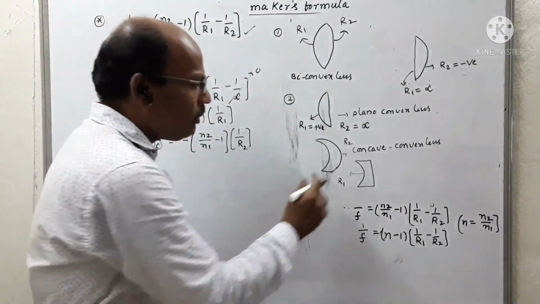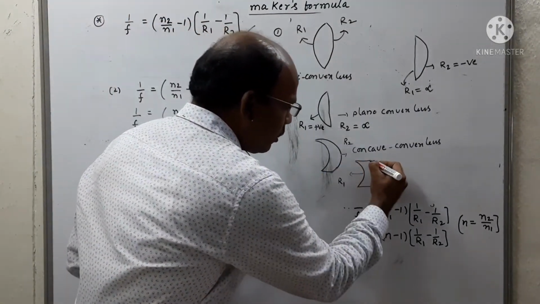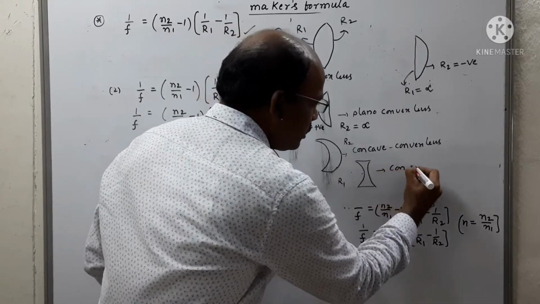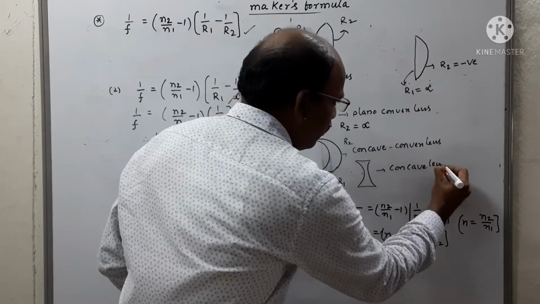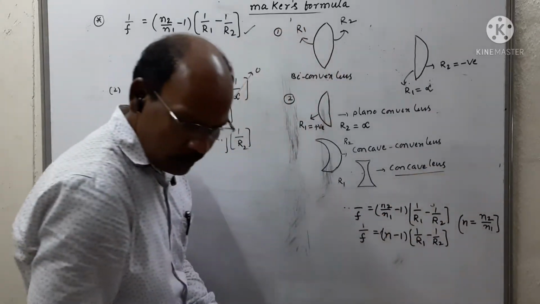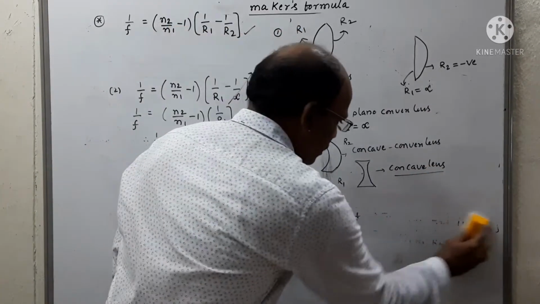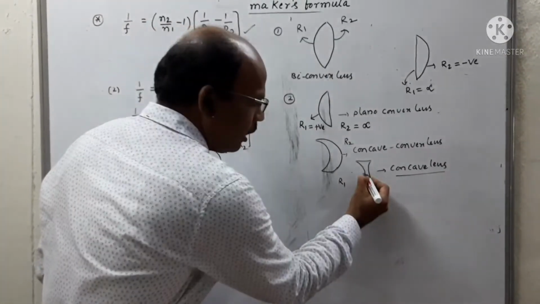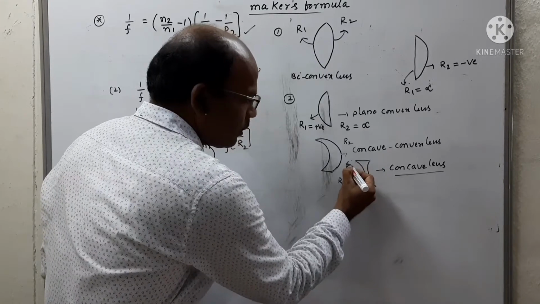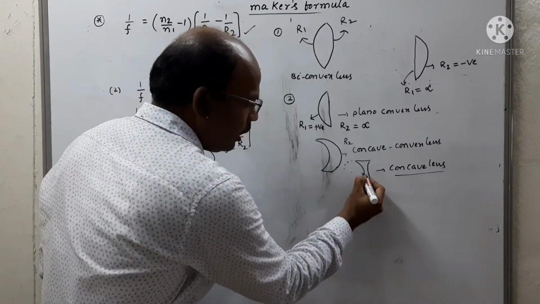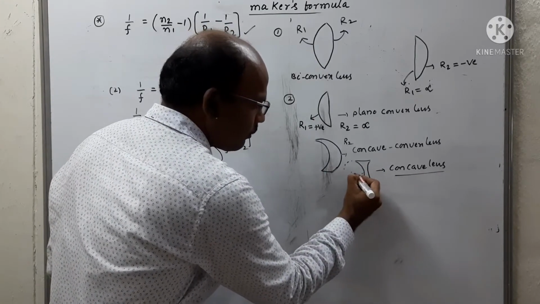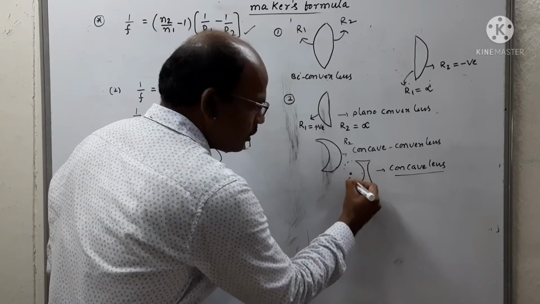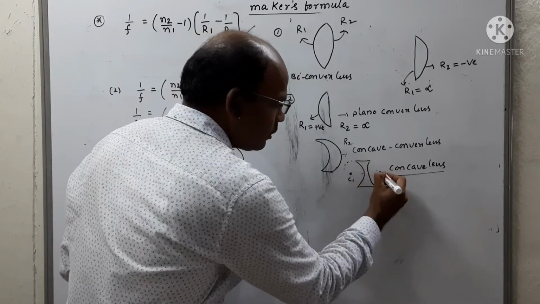Okay, so what is the formula for the concave lens? The fourth one is the concave lens. The equation changes in the case of the concave lens. So this is R1, this is R2. This is the center C1, this is C2.